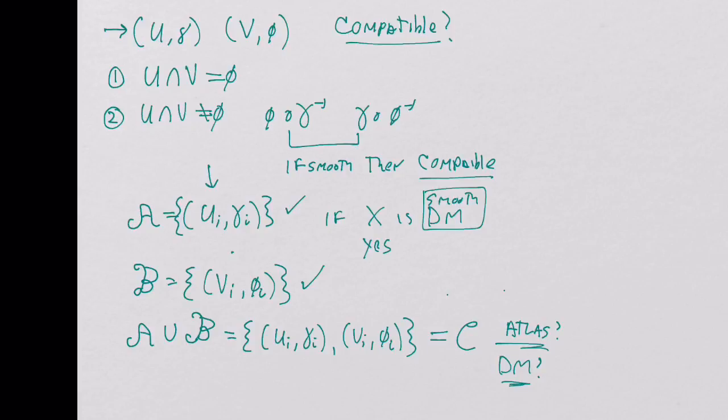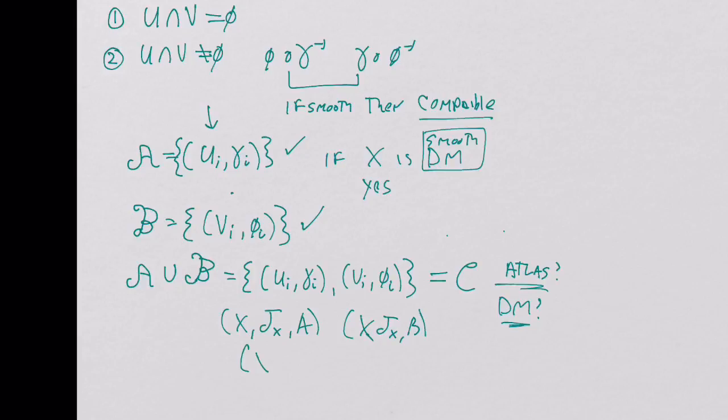That means that (X, T_X, A) is a differentiable manifold, and (X, T_X, B) is a differentiable manifold, but (X, T_X, A union B) is not a differentiable manifold if any two of these charts are not compatible.